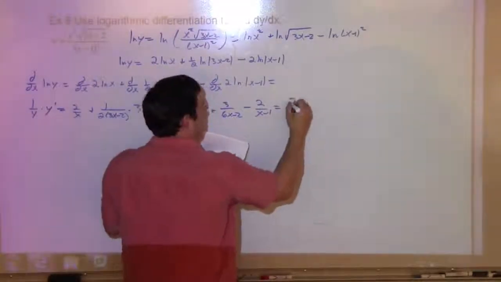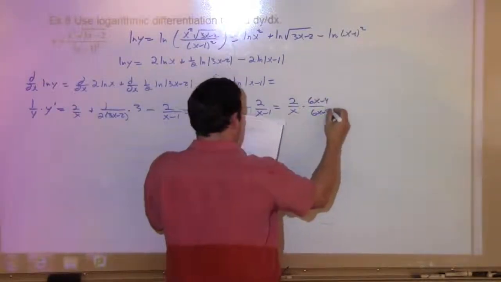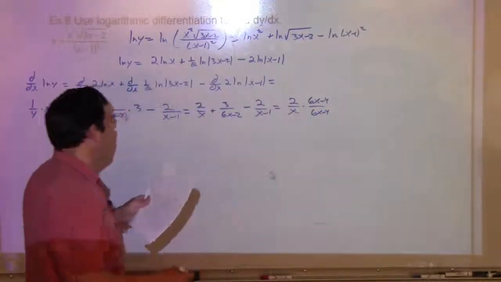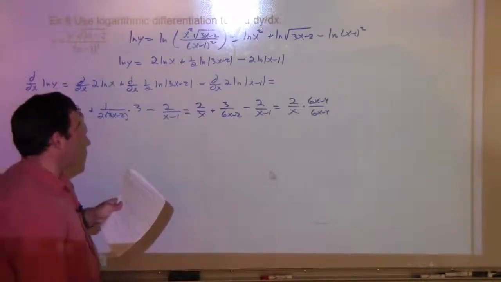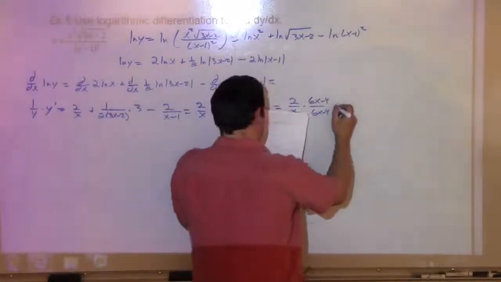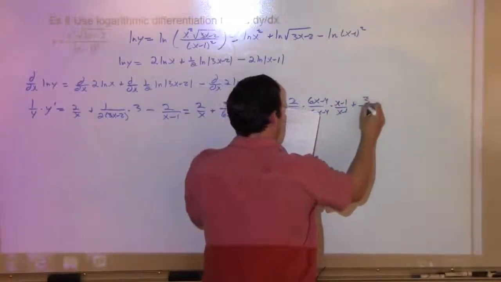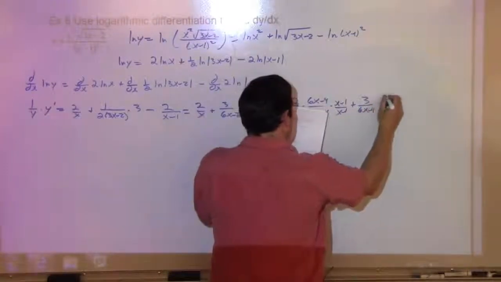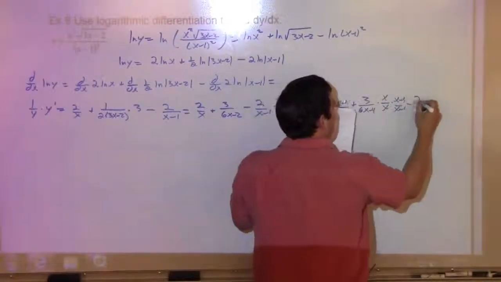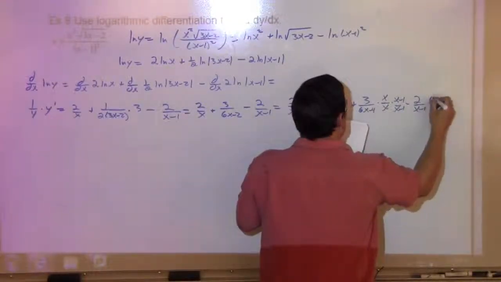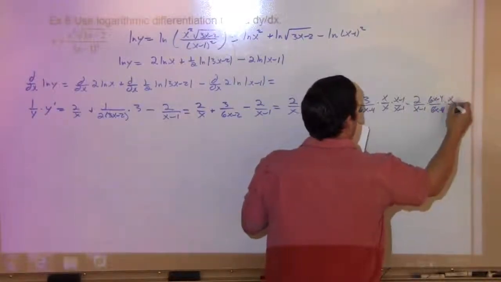That's going to be 2 over x times 6x minus 4 over 6x minus 4. Yeah, I guess we have to do that. Times x minus 1 over x minus 1, plus our 3 over 6x minus 4 times x over x times x minus 1 over x minus 1, minus 2 over x minus 1 times 6x minus 4 over 6x minus 4 times x over x.